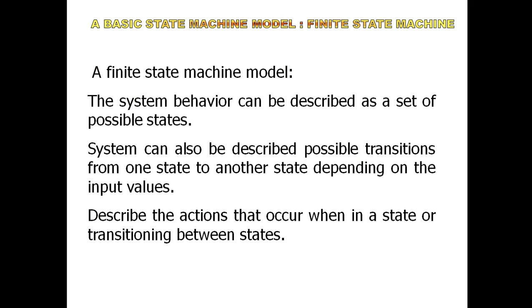A basic state machine model, which is also known as the finite state machine. In a finite state machine model, the system behavior can be described as a set of possible states.